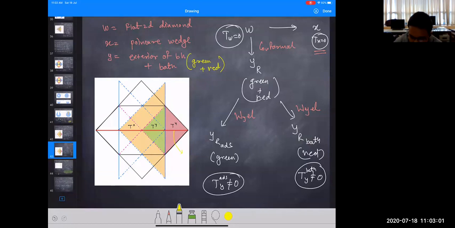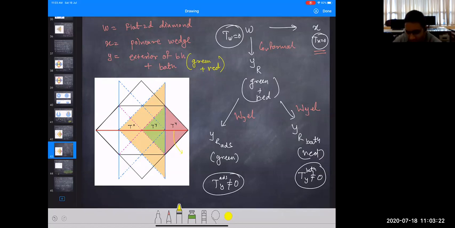Now from w coordinates you can go to yr coordinates, which is the right Rindler exterior, and I had given you the coordinate transformations. That is just a conformal transformation, and you know how to find out how the stress tensor changes under conformal transformation. It's just the Schwarzian piece, because the original TW is 0.